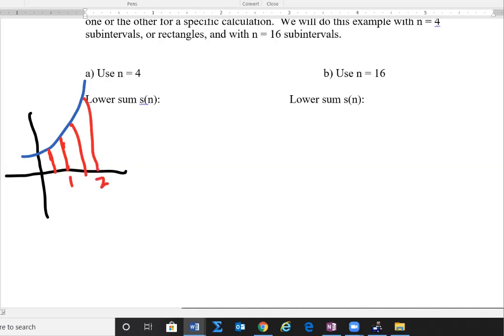So you can see I have 4 rectangles, and if I want a lower sum, I put them underneath like this. So we say that these rectangles are inscribed rectangles. They are under the curve. When I'm going to do an upper sum, I would have my rectangles 1, 2, 3, 4, like this.